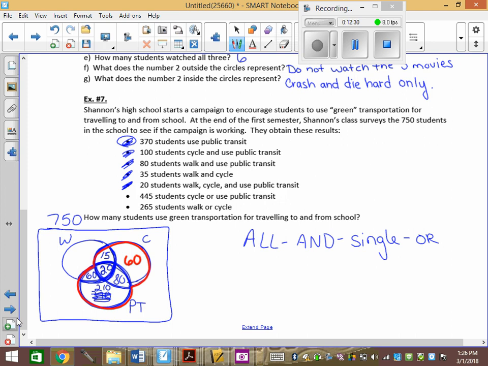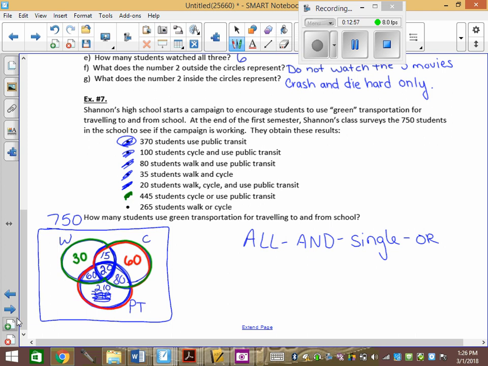Now can I do the walk or cycle? Yes. So now I'm going to go 265 minus 120, 220, 235, 30, I think. Yeah.